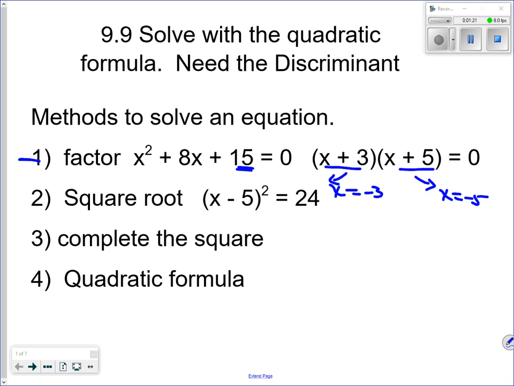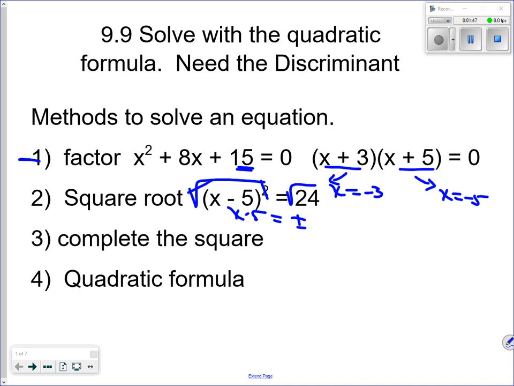Then we had the square root method. If you have one quantity squared and that piece is by itself on the left-hand side, we could do the square root on both sides. Remember, the square root would cancel with the square. You're left with just x minus 5 equals. Right away, you always put in your plus and minus sign, and then we broke apart the square root of 24.